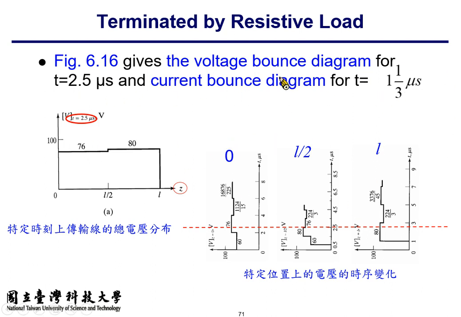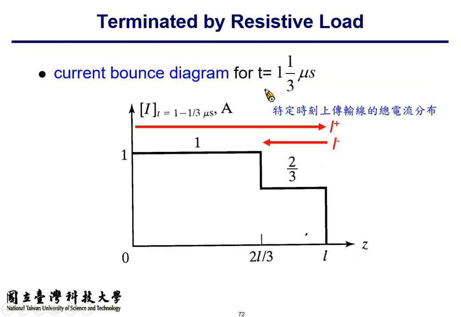Yeah, I already looked into this. Okay, t equal to 2.5 microsecond, and t equal to 1 and 1/3 microsecond. That's the total current distribution on this specific time instant.